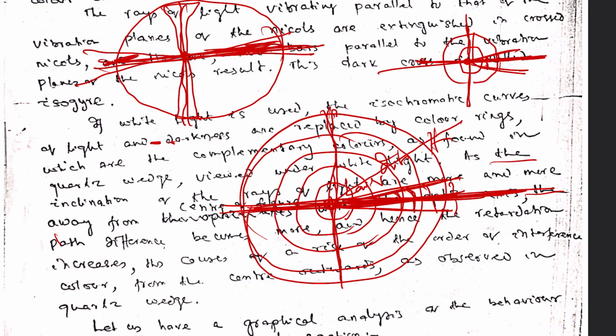So that's why we get a dark cross which is thin at the center and gradually widens away from the center. In this manner we see the dark cross. The dark cross is not uniformly thick; it is thicker like this.